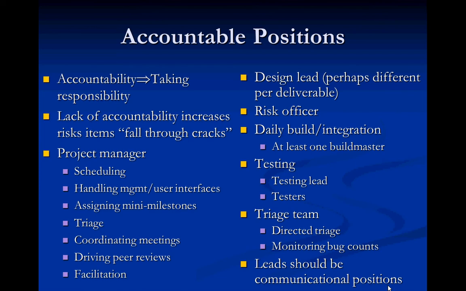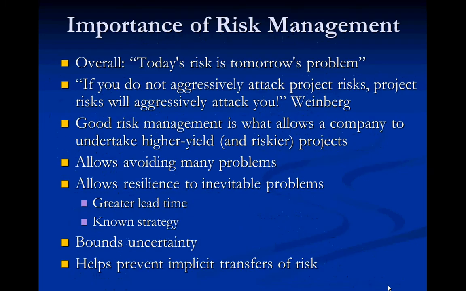For example, the person in charge of the triage team could be the risk officer. Person in charge of testing could be, for example, a person who's maintaining the daily builds. Although, you've got to be careful about overloading too much. So anyway, those are some of the positions. We'll continue on next time with a discussion of proactive risk management.